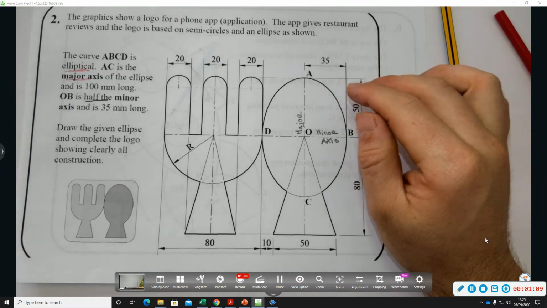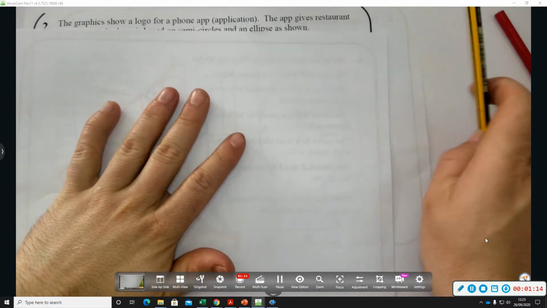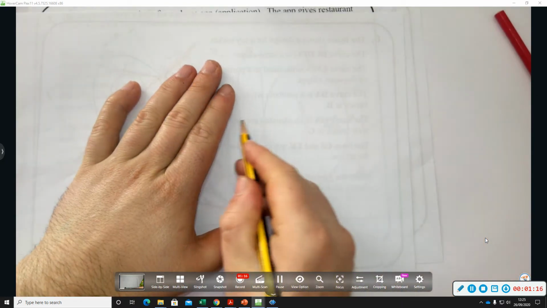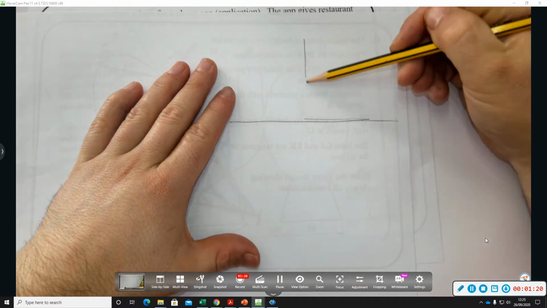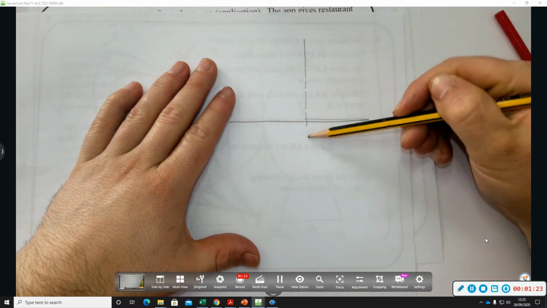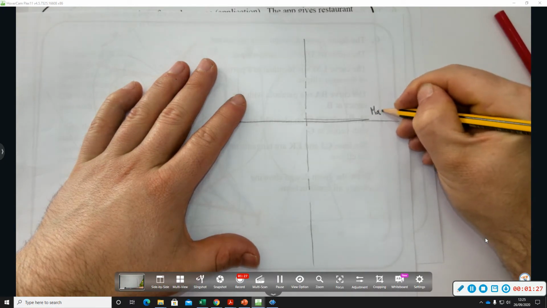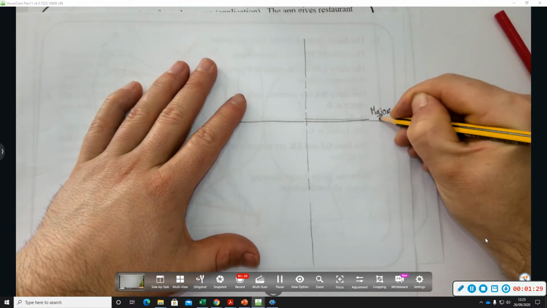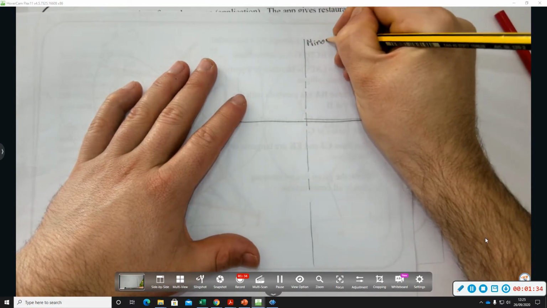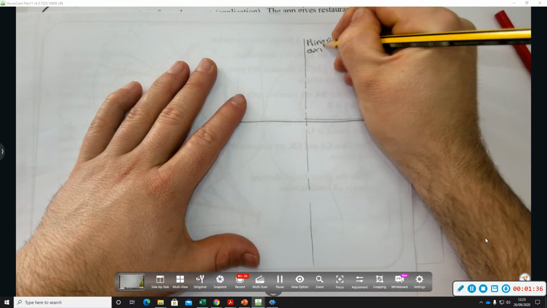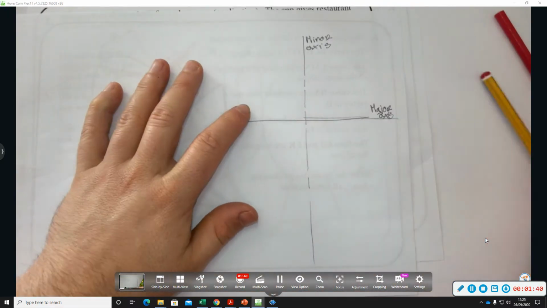So normally if we're drawing an ellipse, the most basic ones you have done, we have our major axis and our minor axis. This is not in this question here, this is what we know already.